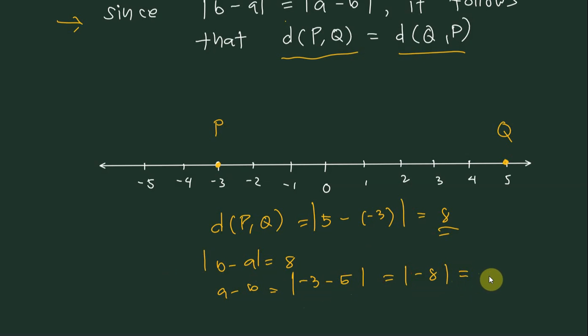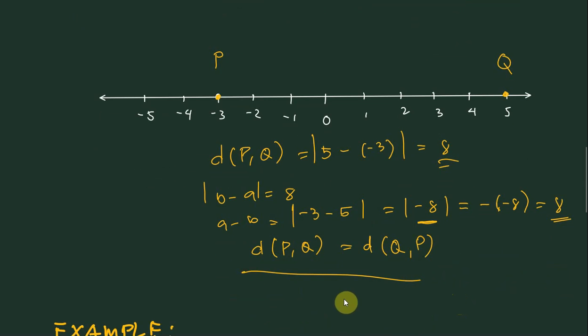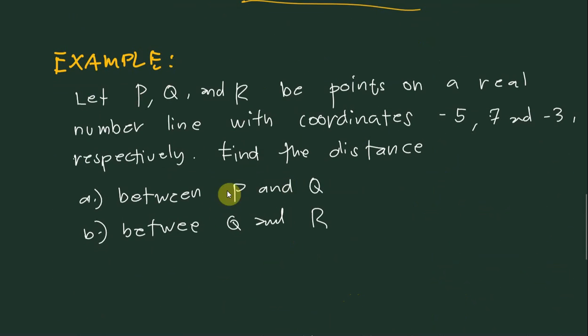From the first definition, since the value inside is negative, we have the negative of negative 8, so we have 8. They're the same thing. We just demonstrated that the distance of P to Q is equal to the distance of Q to P.